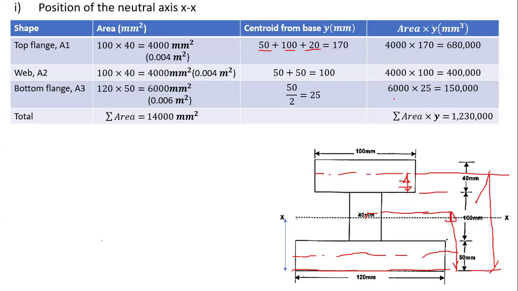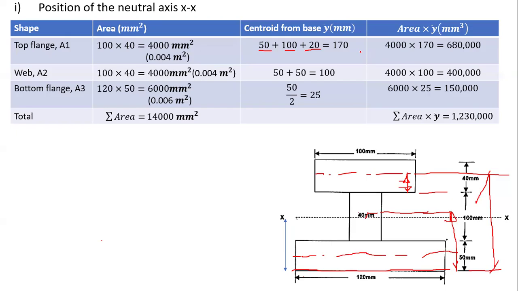The next thing you do is do a combination. You multiply the area by the centroid. So the area is 4,000 multiplied by 170. This is our area times y. The first one gives us 680,000.